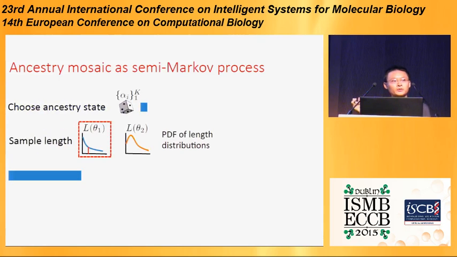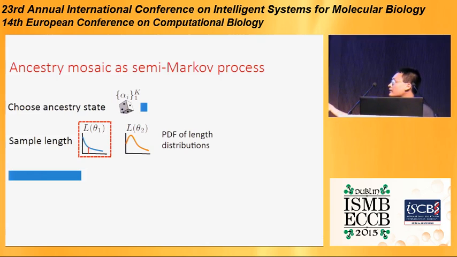Just to get some intuition of what this semi-Markov process is doing, let's go through an example of how we generate a mosaic ancestry pattern from a semi-Markov process. Right, so the first thing you do is you're given this set of parameters, and you first roll a die and decide, okay, what is the ancestral state? Select it randomly. In this case, we pick a blue state.